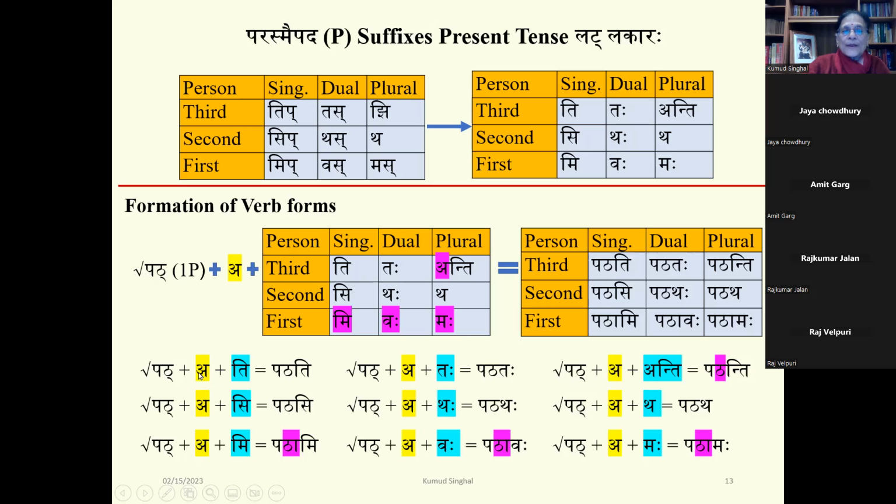If you say pat plus a plus ti, it becomes pathati. In these cases, there are some special rules which apply, but you really don't need to know how these forms are derived. You just need to know that the dhatu pat, which is a 1P, conjugates like this: pathati, pathatah, pathanti, pathasi, pathathah, pathatha, pathami, pathavah, pathamah.